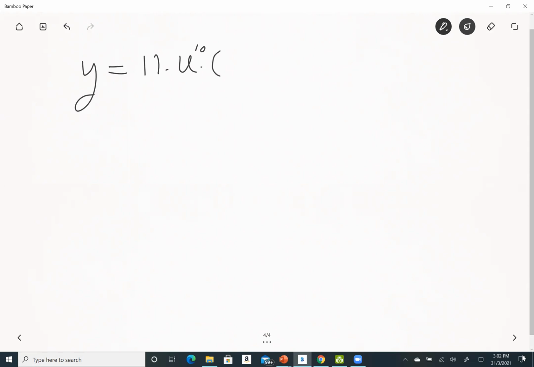And that u prime is negative 15 x to the power of negative 6 plus 172.2 x to the power of 7.2. Now we have to put in the u. So I write another step to put into u the actual terms.